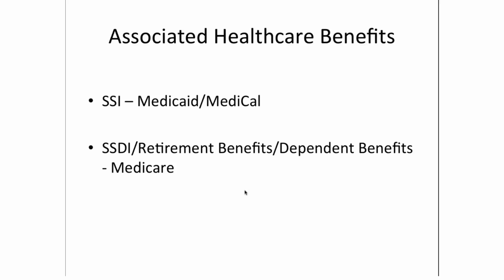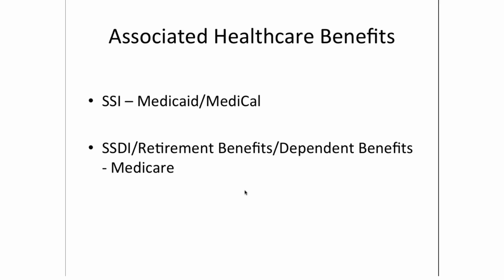So as I was speaking before, I'm going to just throw out an example. We have an individual who has a diagnosis of Down syndrome, and they lived with mom and dad their entire life. And mom and dad reached the age where they are drawing their own retirement Social Security benefit.